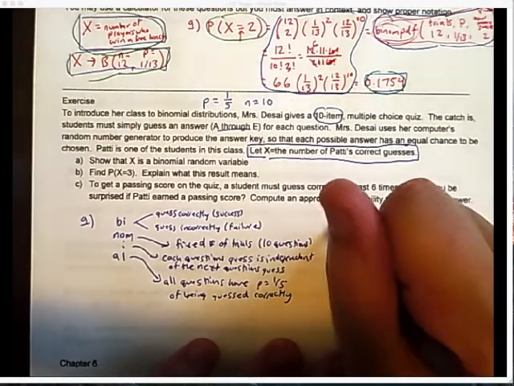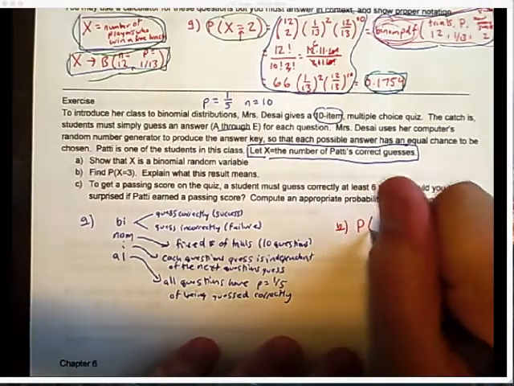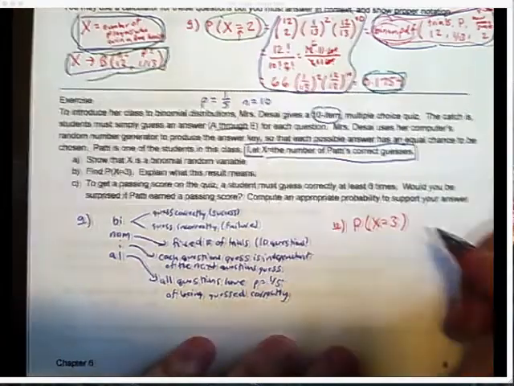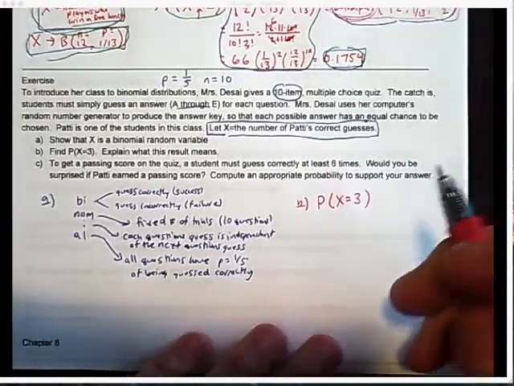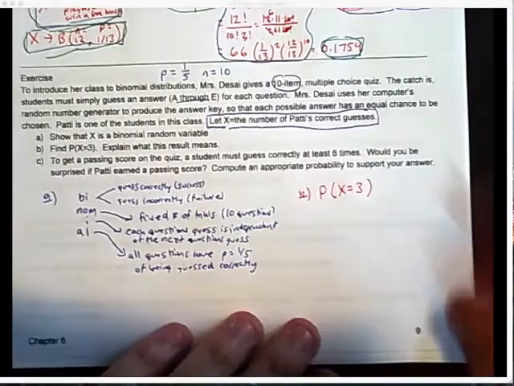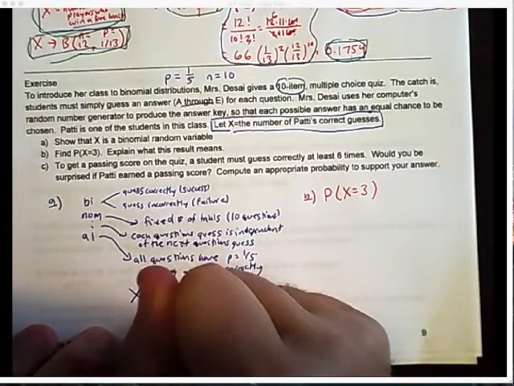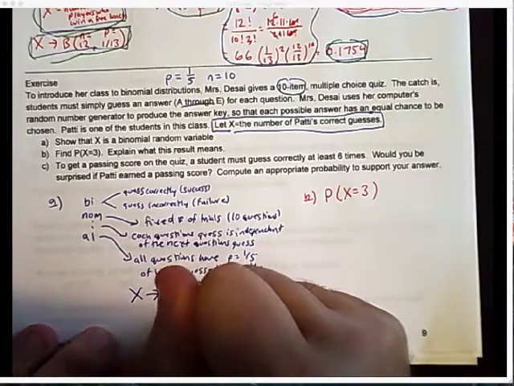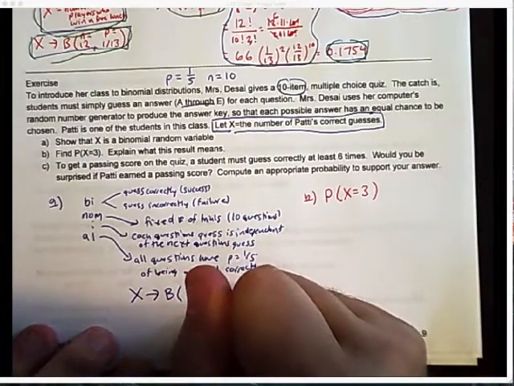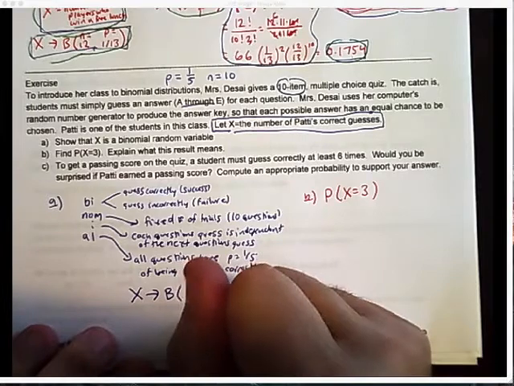So part B. It says find the probability that X equals 3. So this is a binomial distribution. X is a binomial distribution with a fixed number of trials equal to 10, and the probability of success on any trial is 1/5.